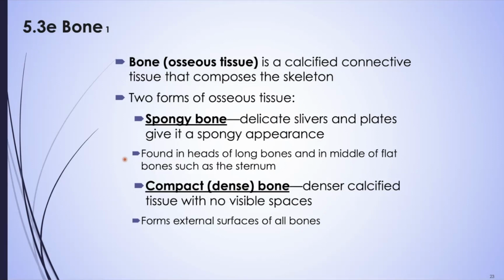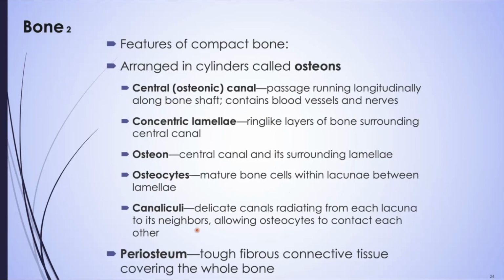Compact bone is going to be denser calcified tissue that doesn't have visible spaces between the actual bone tissue itself, okay? That is going to form all of the external surfaces of the bones, and also the shafts of the long bones. So we're going to get real specific when we go into our bone chapter. Actually, I lie, we're going to get a little specific here, but even more in our bone chapter.